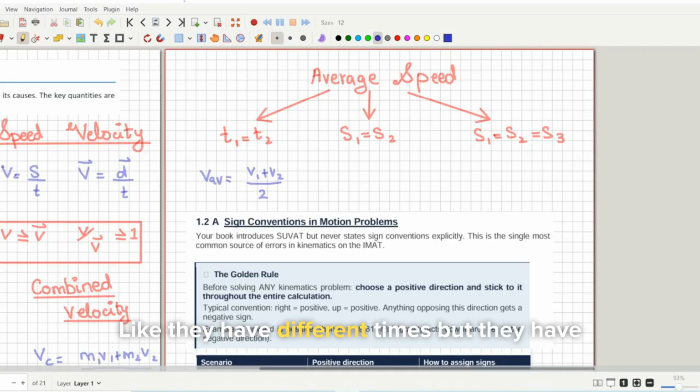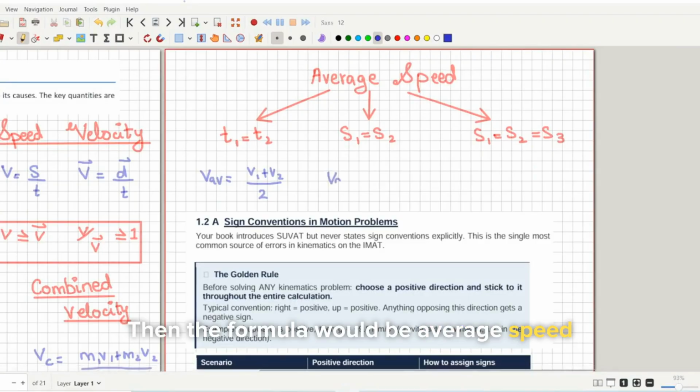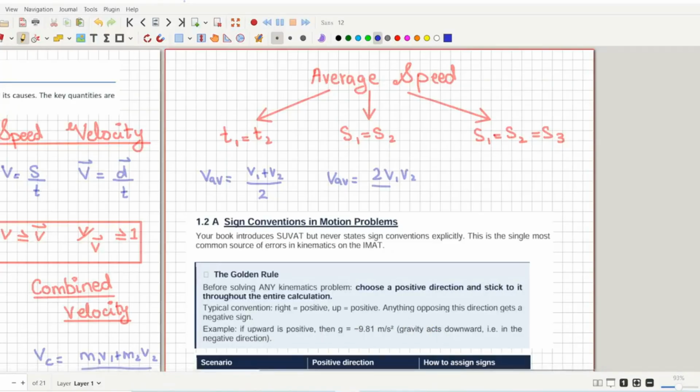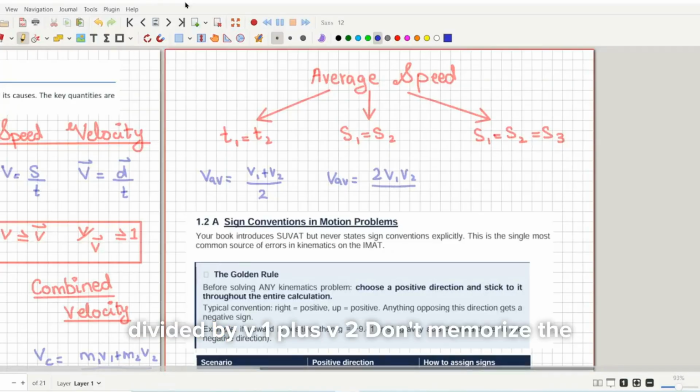They had different times but the same distance. Then the average speed would be 2 v1 v2 divided by v1 plus v2. You don't need to know the derivation, just memorize the formulas.